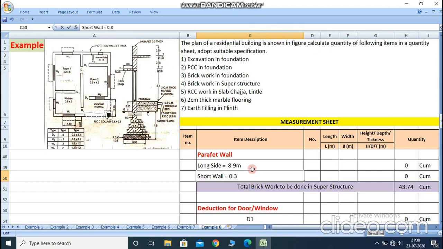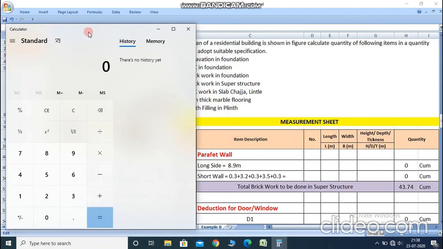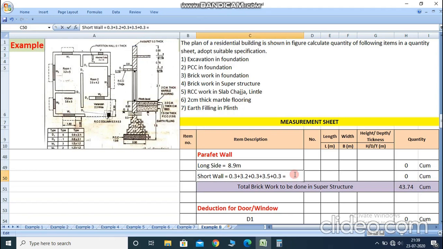So the short wall is 0.3 plus 3.2 plus 0.3 plus 3.5 plus 0.3, which is equal to 7.6 meter. So your answer is 7.6 meter.